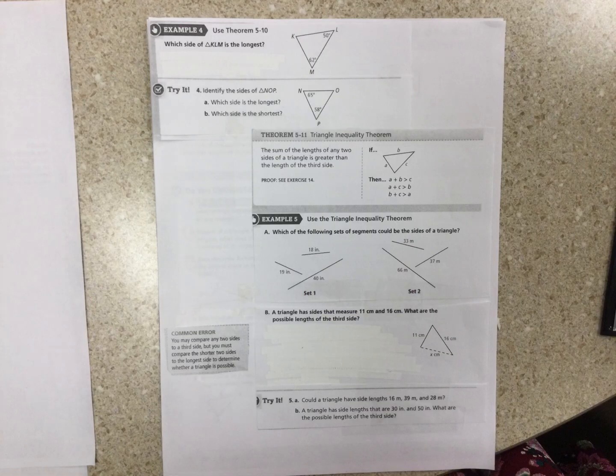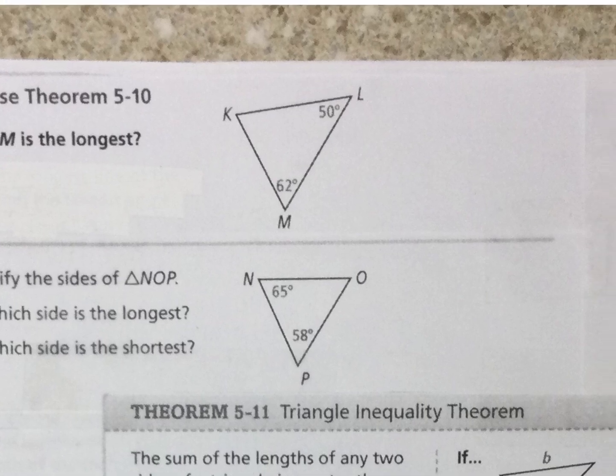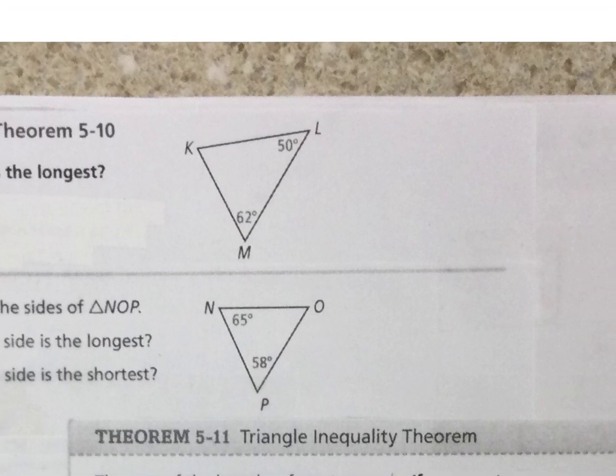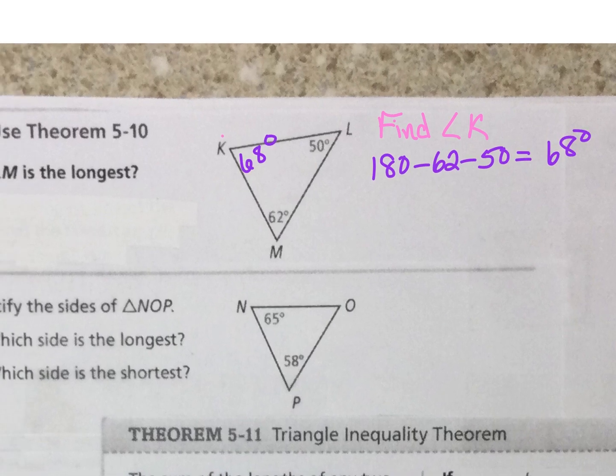The next page, it says, which side is the longest? Well, the first thing I need to do is find K. So find angle K. And I can do that by saying 180 minus 62 minus 50 gives me 68 degrees. So this must be 68 degrees.